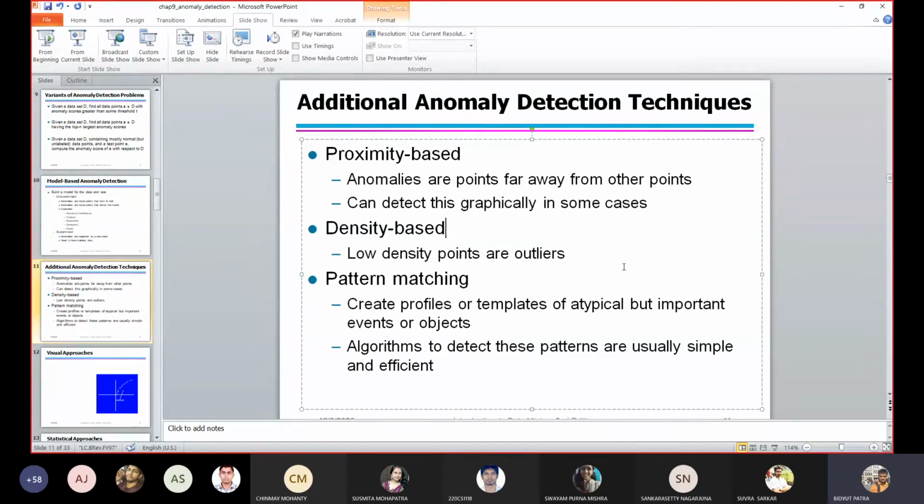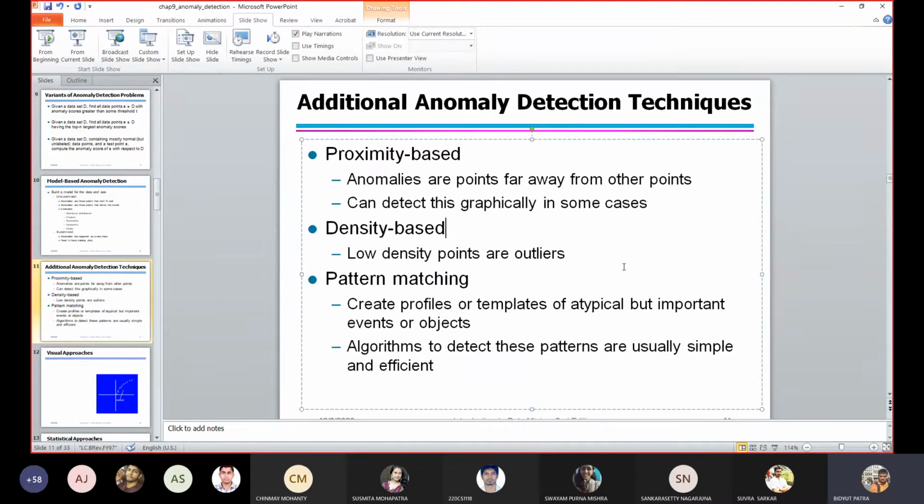Okay. If you carefully observe, density based clustering is defined as dense regions separated by sparse regions. Those are the cluster points. Therefore, indirectly it is saying that clusters are quite the opposite of the outlier points.